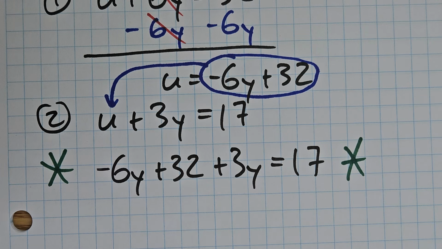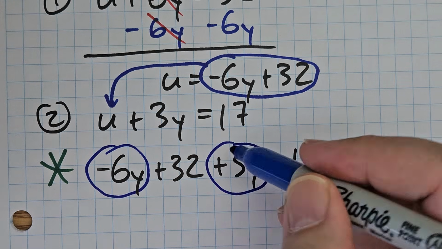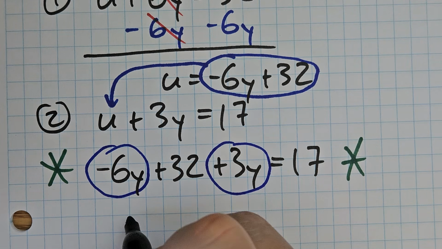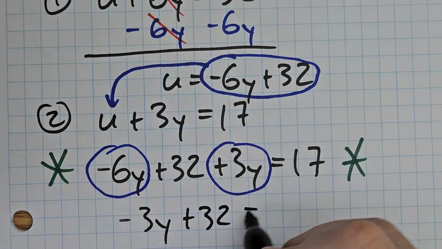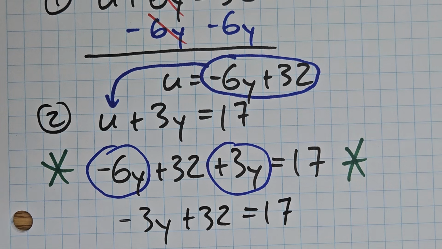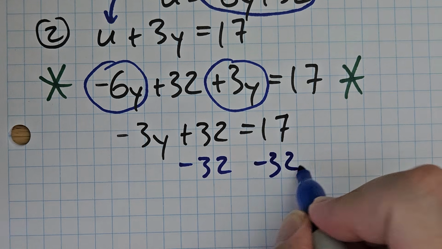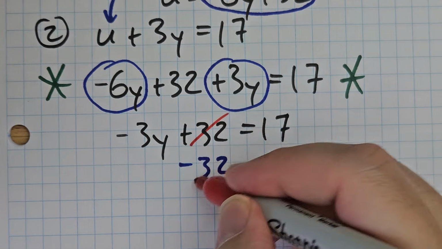So let's combine like terms. We have negative 6y and positive 3y, which are like terms. That makes negative 3y, and then we have our plus 32. Then we will subtract 32 from both sides to move our constants to the right.